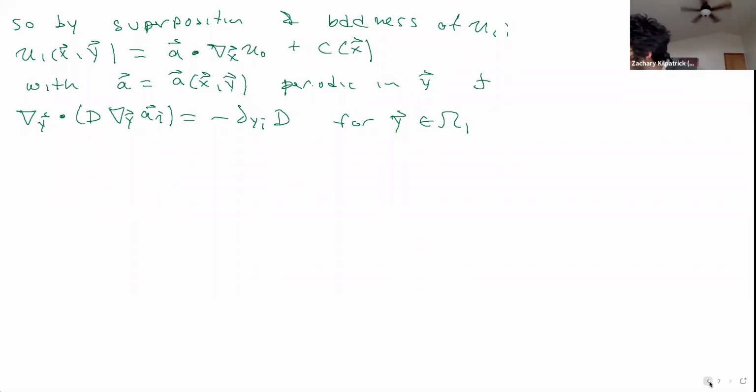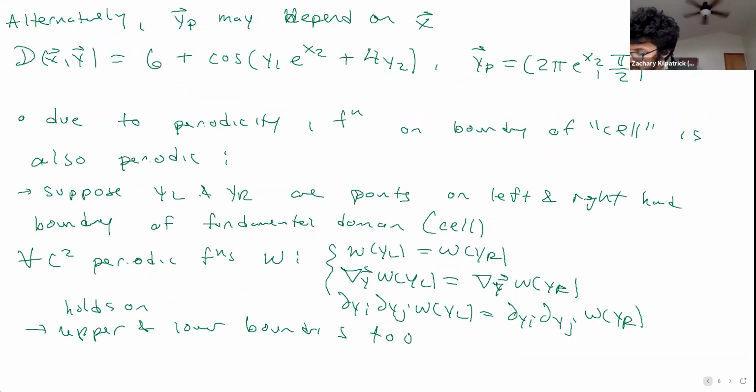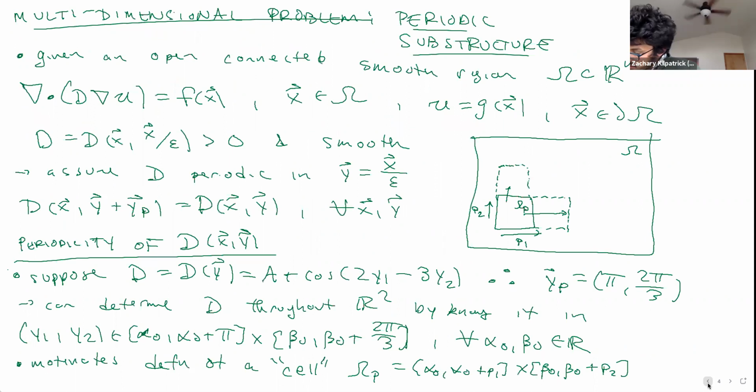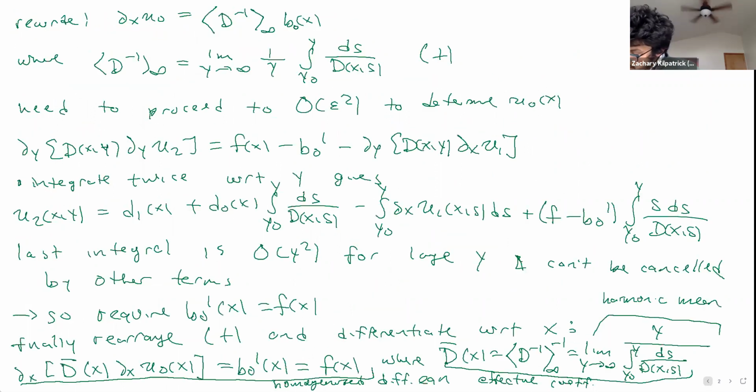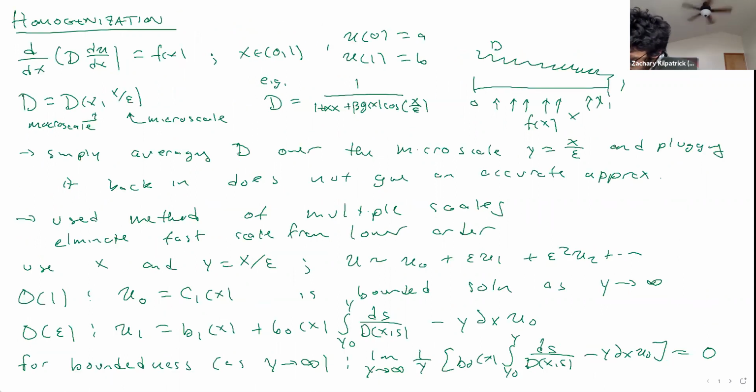If we go back to the 1D case real quick, you see here that we got something like u1, involving basically a spatial derivative of u0 with a y out front.